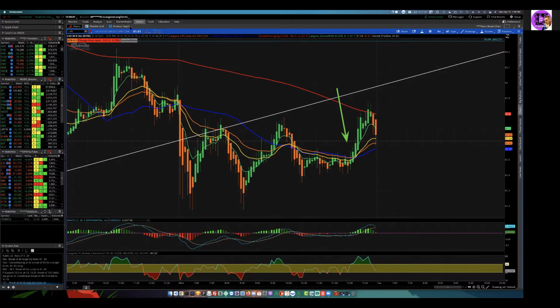First of all, price action came up, got rejected at the 200-day simple moving average, which is here. However, my EMAs and the 50-day simple moving average are all stacked positive, as you can see here.